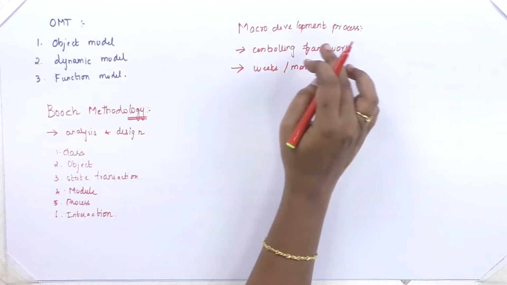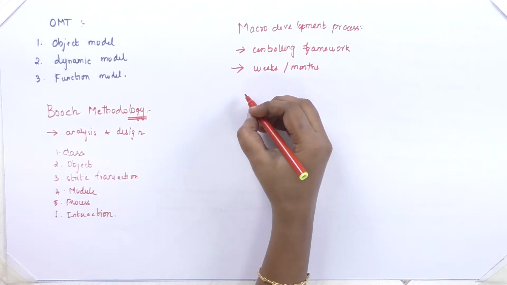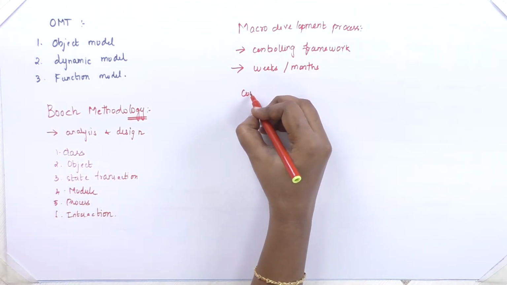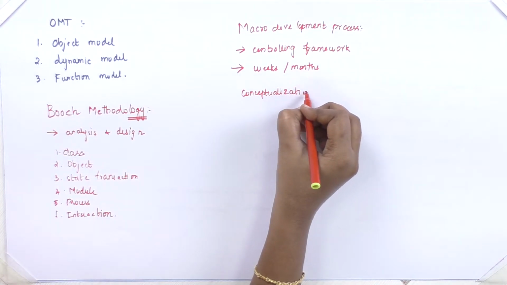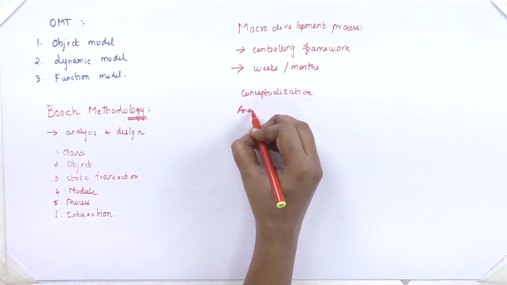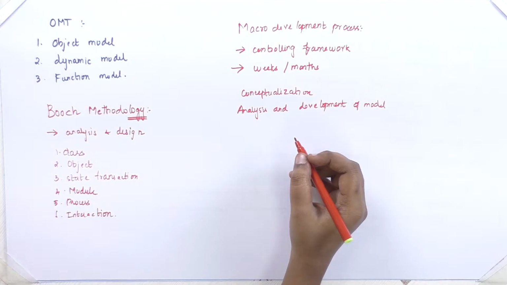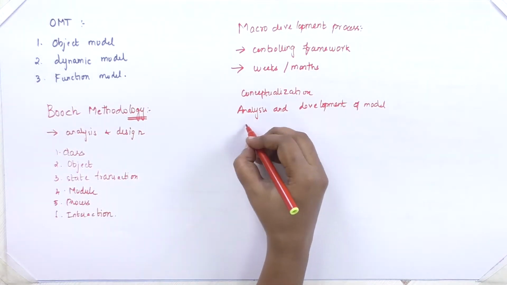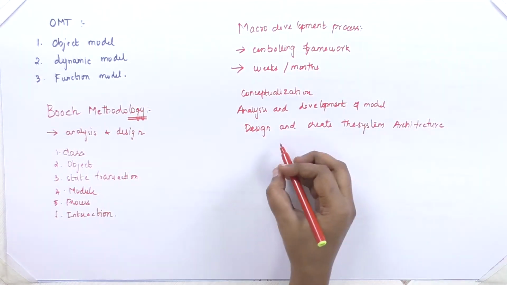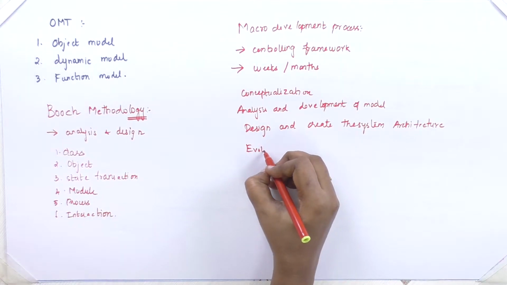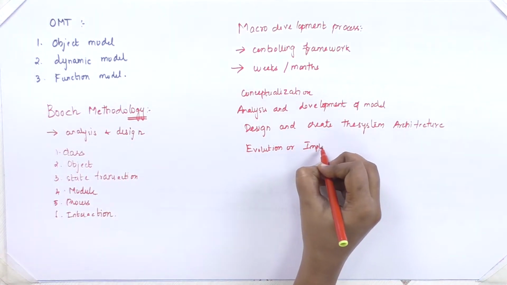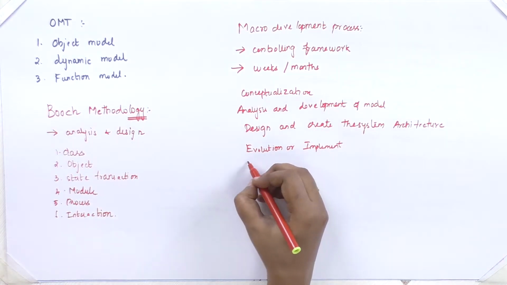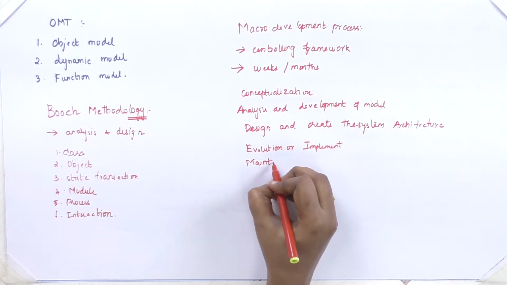This macro development process has some steps: conceptualization, analysis and development of model, design or create the system architecture, evolution or implement, and the next is maintenance.